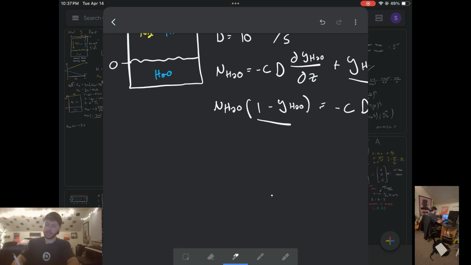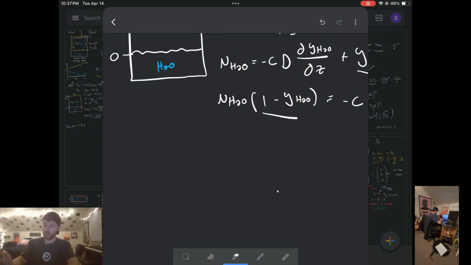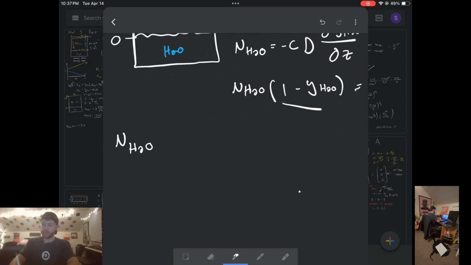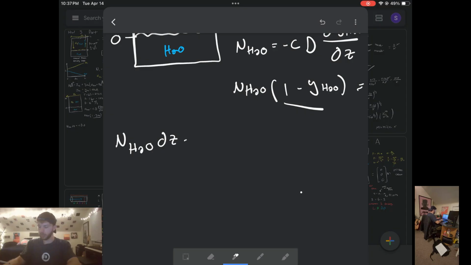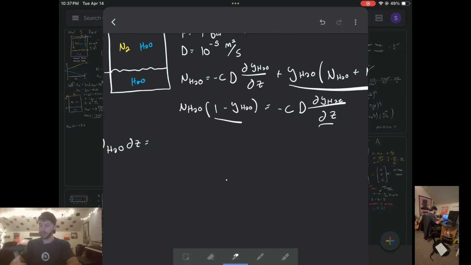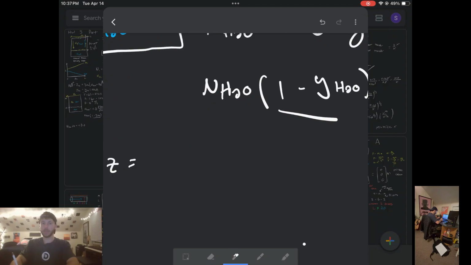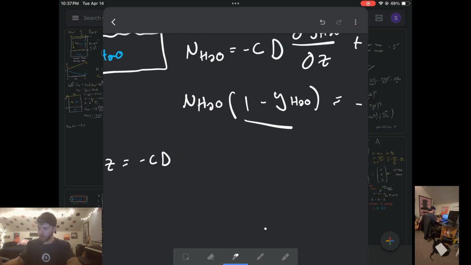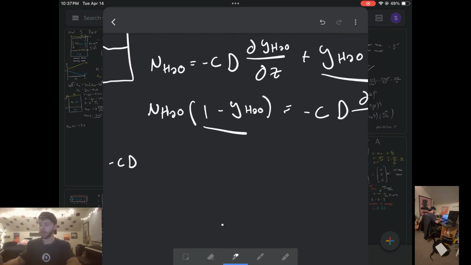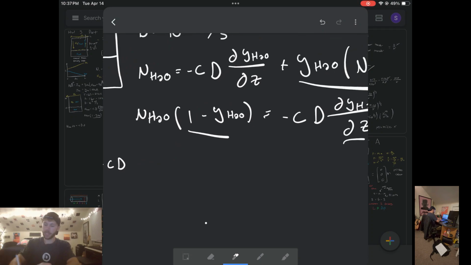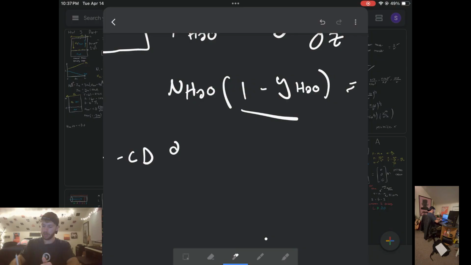And with that, we'll get the total flux of our water times dz is equal to the negative concentration times our diffusion coefficient multiplied by the change in our mole fraction over 1 minus our mole fraction.